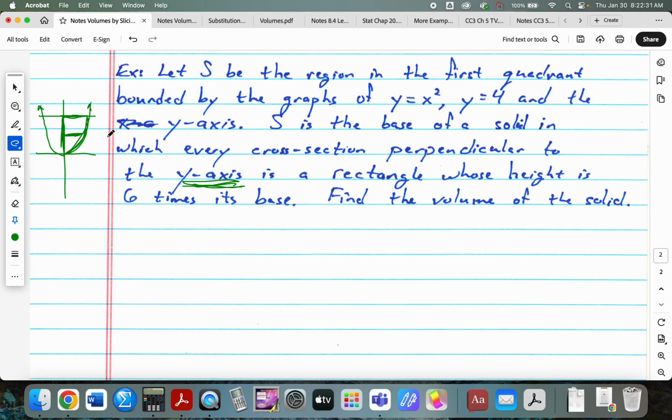So if I solve this equation for x, one side is the negative square root of y, the other one is the positive square root of y, and since this is the first quadrant, this is the positive square root of y. And this side over here is x equals 0.